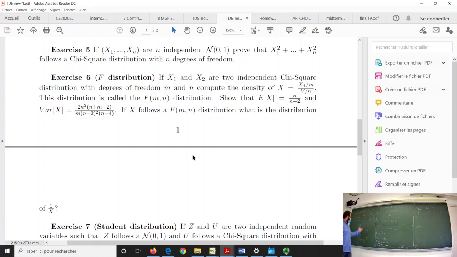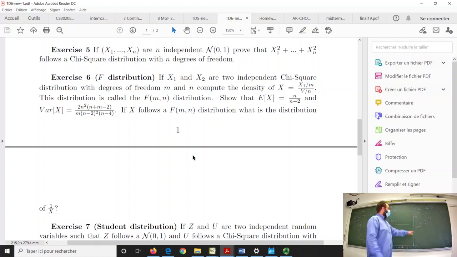And then I use the fact that I know the distribution of each of them. Here, x1 square plus xn square by induction hypothesis follows a chi-square of parameter n. So what is the moment generating function? Something like this: 1 over 1 minus 2t to the power n over 2.